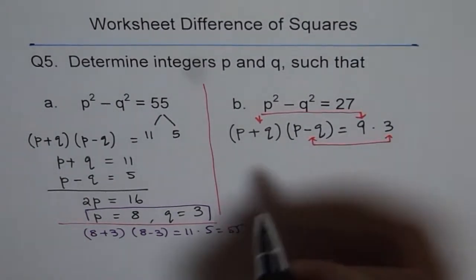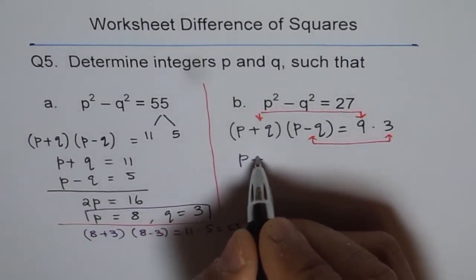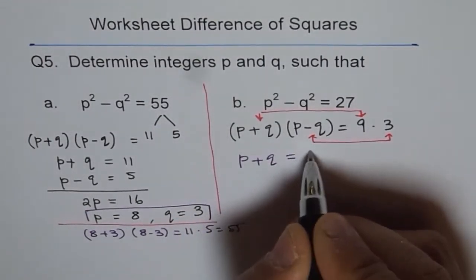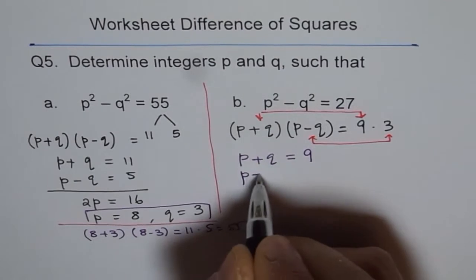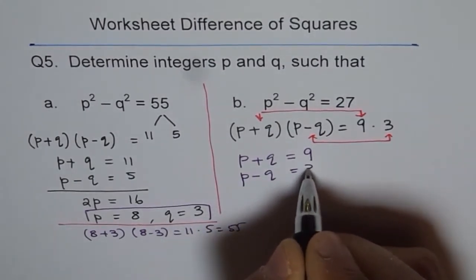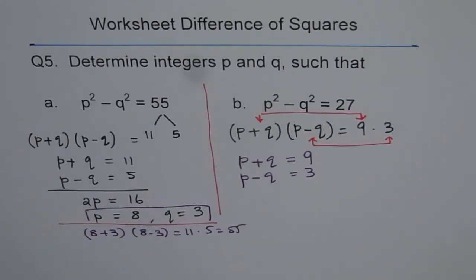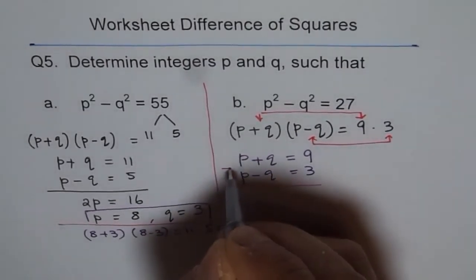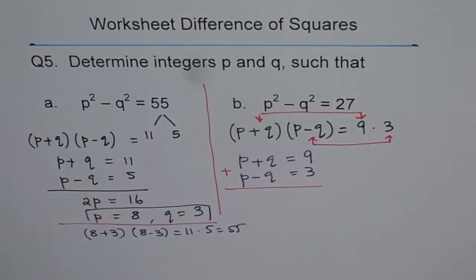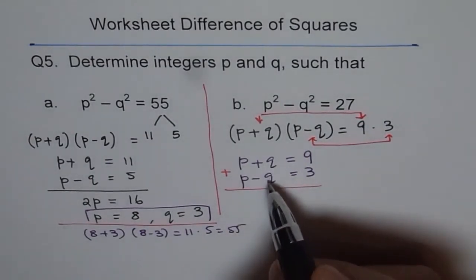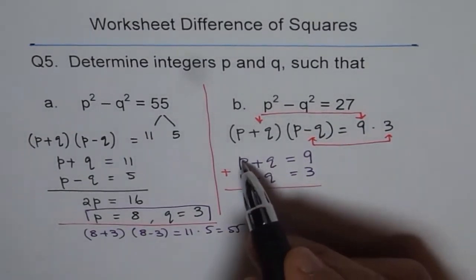So let's write down these equations. So we get p plus q equals 9 and p minus q equals 3. So we have two equations, and we have to find what values of p and q can satisfy both these equations. So the best way to solve these equations is to add them up. If you add them up, you get q minus q as 0, and you are left with 2p.